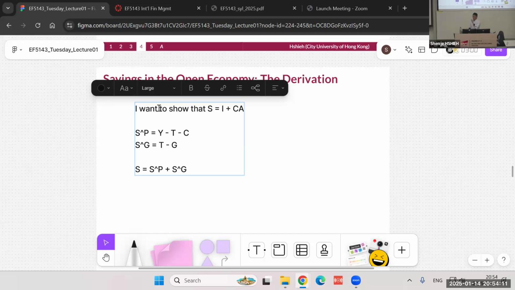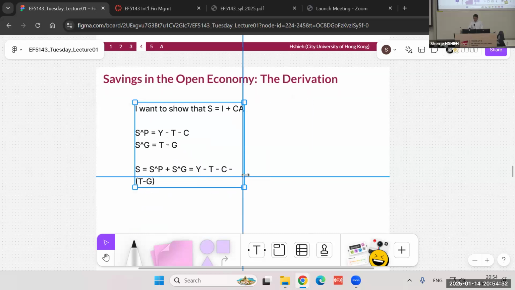Well, S without any superscript is total savings of the economy. So let's just write out Y minus T minus C, and then plus T minus G, right? All right, let's just keep it that way.